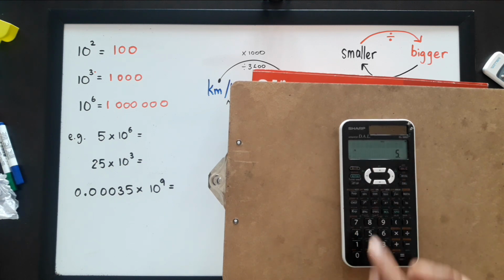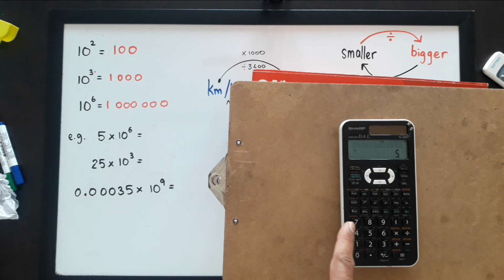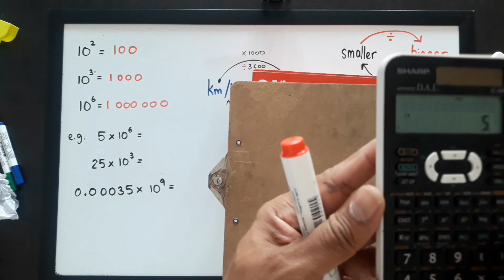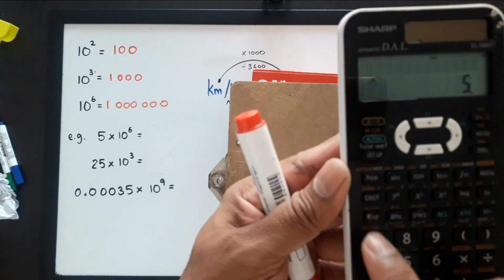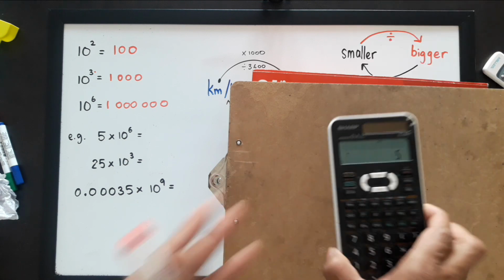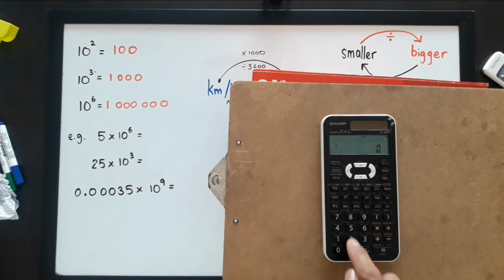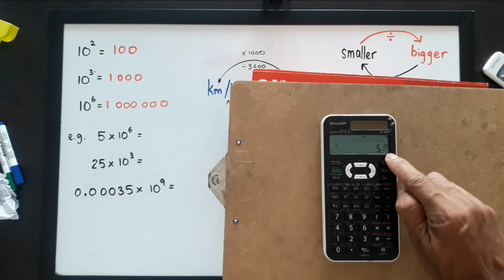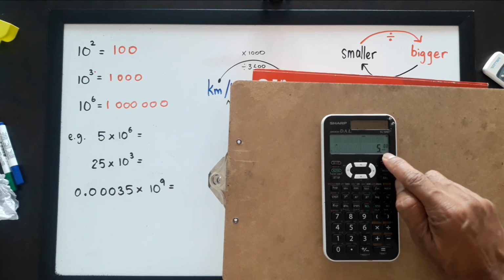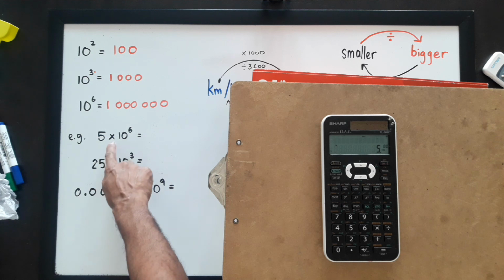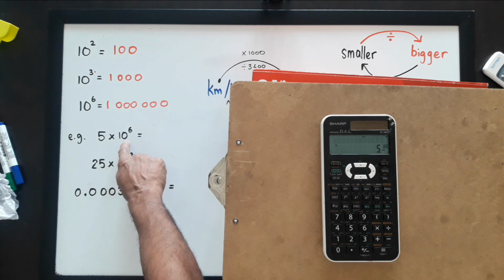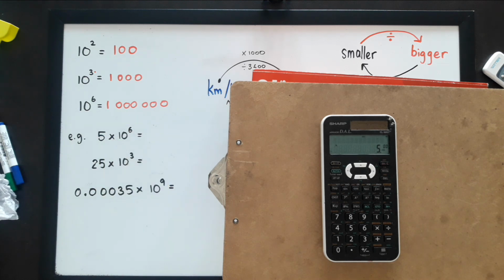So 5, and when you want to multiply by 10 to the power of something, which is very popular in the exam, you will see an EXP button. Somewhere over here, a button marked EXP. So let's try it. 5, and when you press the EXP button, the calculator will automatically write in multiply by 10, and it's waiting for you to insert the power.